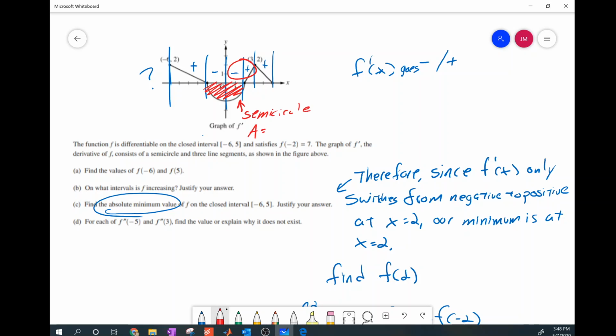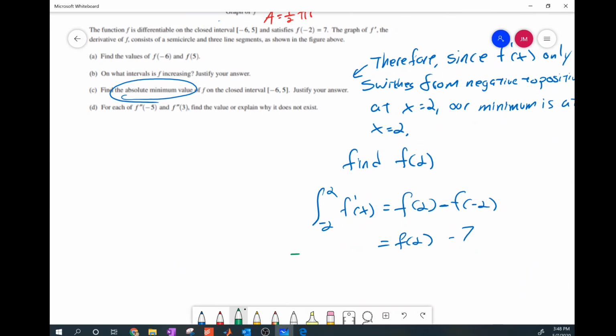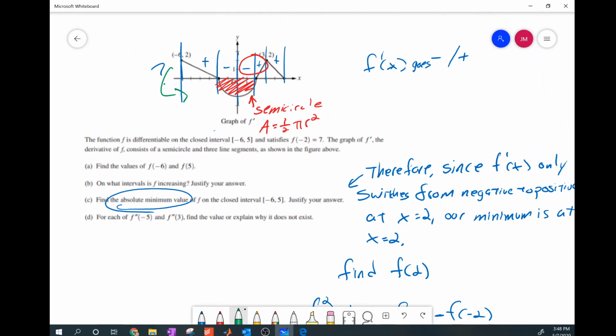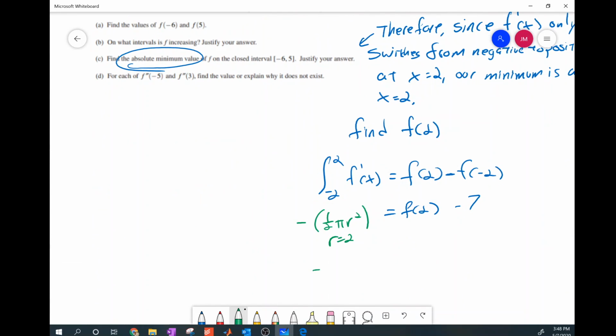So the area will equal 1/2 pi r squared. But there's something you need to realize. This is underneath the x-axis. So this is going to be a negative area. It's going to be negative 1/2 pi radius squared. If we look up, the radius here goes from 0 to 2. So r equals 2.